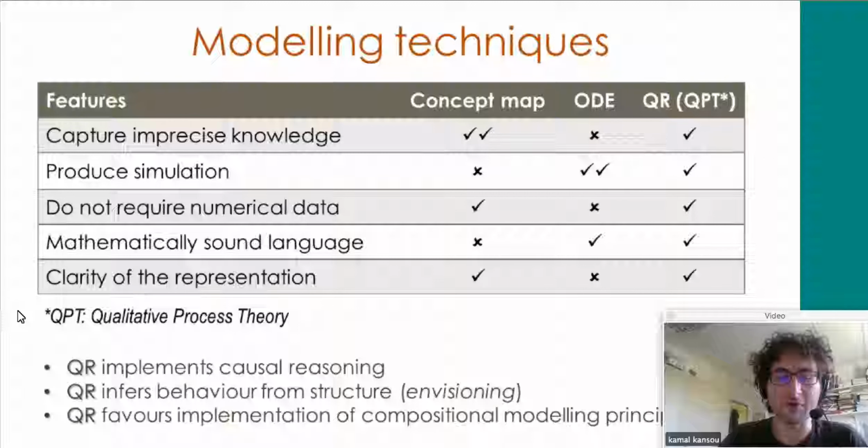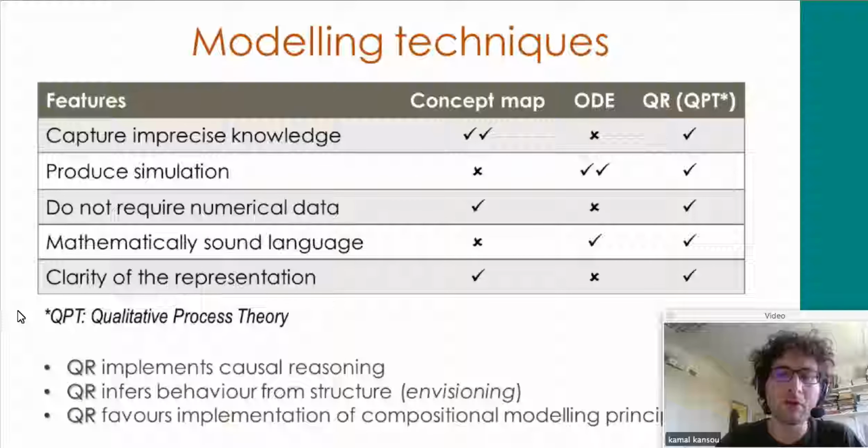Also, qualitative reasoning favors implementation of compositional modeling principles, so it means that you can associate model fragments, and each model fragment captures a knowledge chunk, and starting from a scenario, you can trigger or not different model fragments. So it's really useful if you want to work with a library of model fragments. It's very useful to switch from one theory to another using this approach.